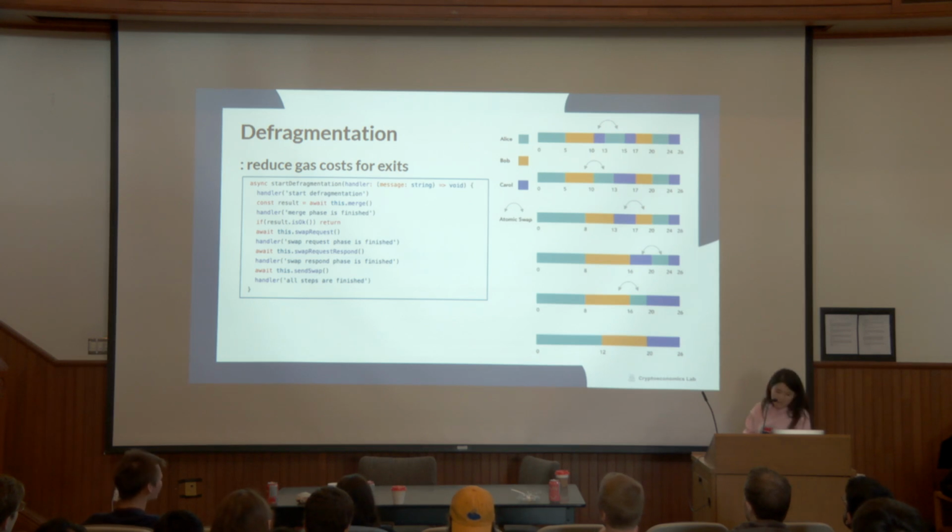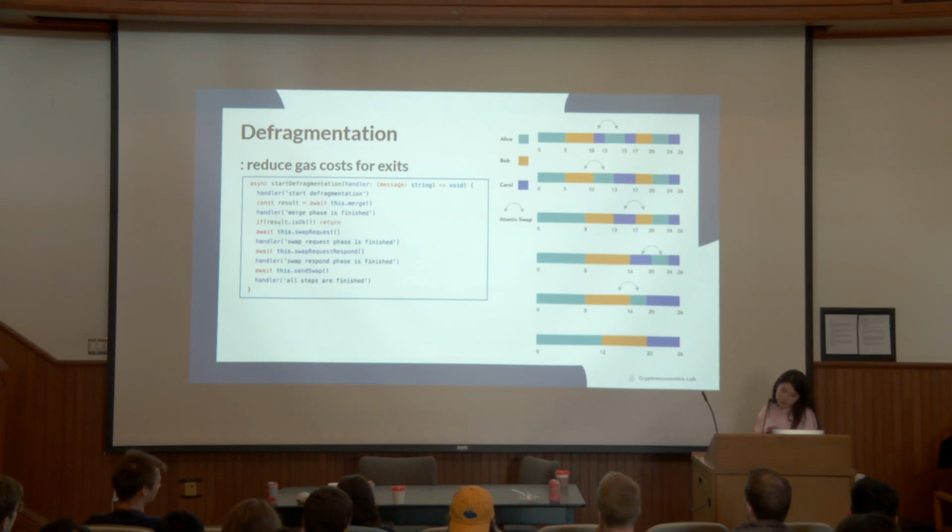Since each fragmented segment of the coins requires the same amount of gas cost to exit, the more fragmented segments each user holds, the more gas cost will be required for them to exit. As a result, fragmentation is very inefficient from the perspective of the transfer recipient.